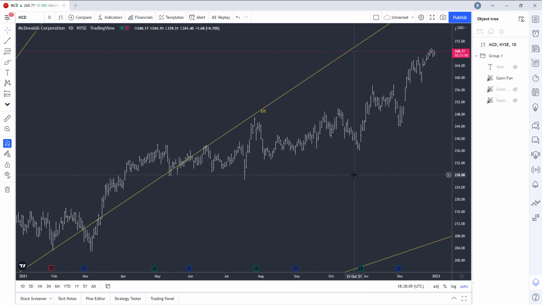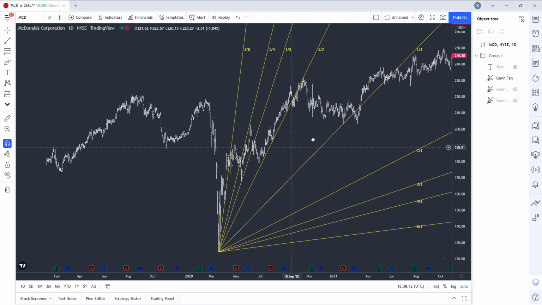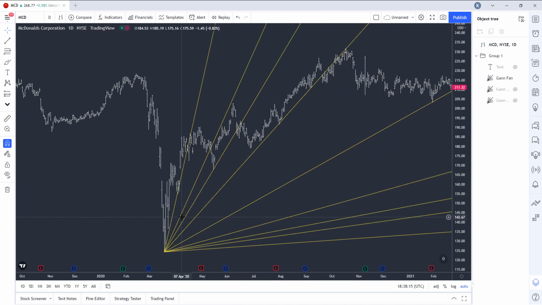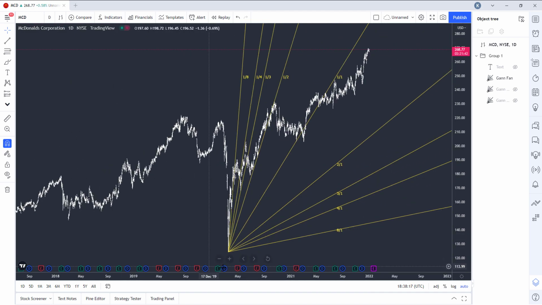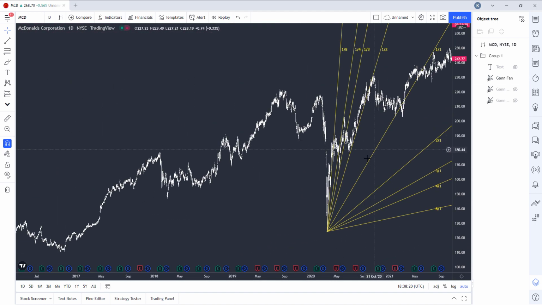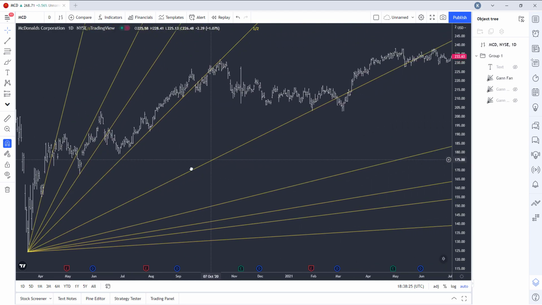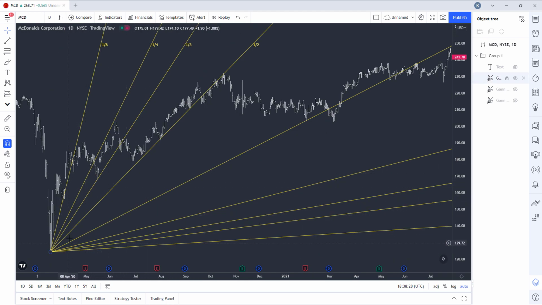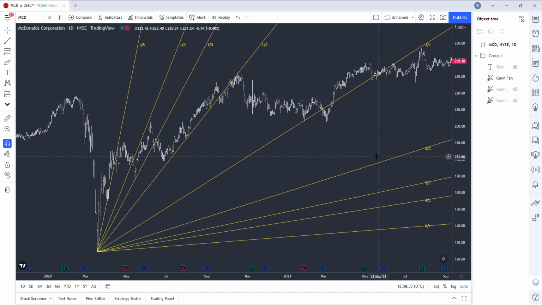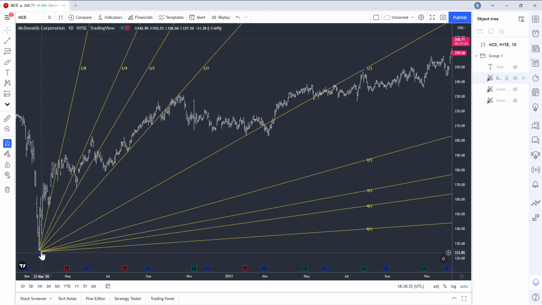This is one angle drawn from a very important bottom, and you can see that price was actually acting very well with these angles. One thing that you should have noticed by now is that I haven't anchored the angles to any low or high. I actually added points from the point of origin.